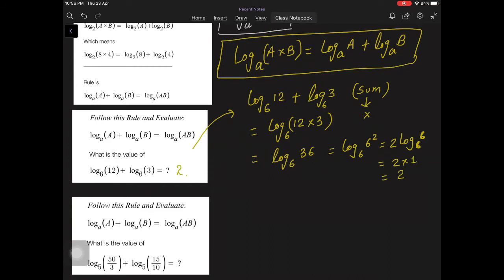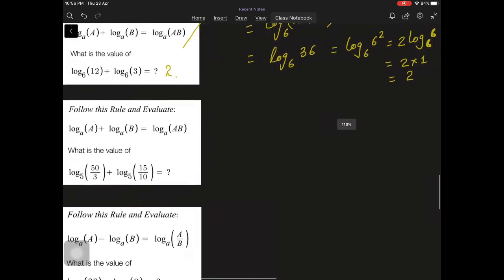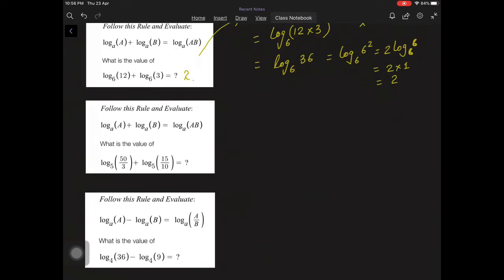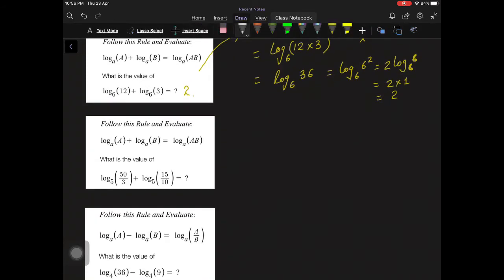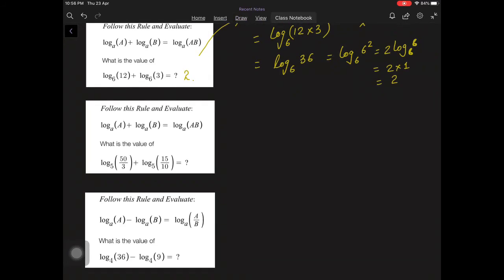There is one more example. 50 over 3 and 15 over 10. The base is 5 in both cases. So we can still apply the same rule because it is plus, so we should multiply. No matter it's a fraction, don't worry. So 50 over 3 times 15 over 10. I'm writing them separately and then we multiply them for a single log.